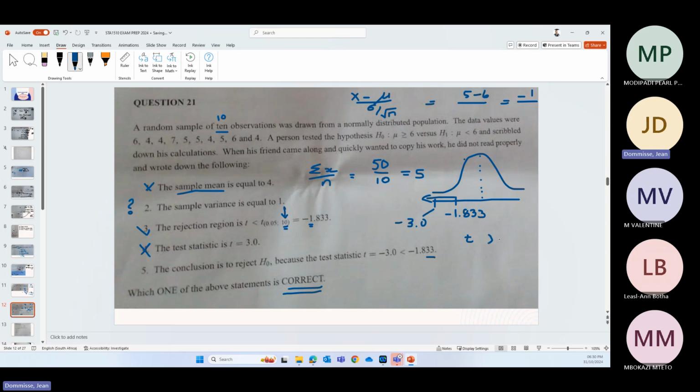If your T is bigger than critical, we reject, and that is a positive. So T here is bigger, so we do reject the null hypothesis. Okay, so in this instance, we will reject. The conclusion is to reject the null hypothesis.